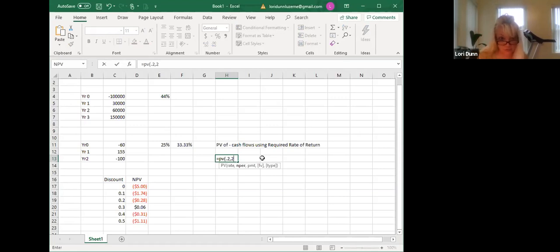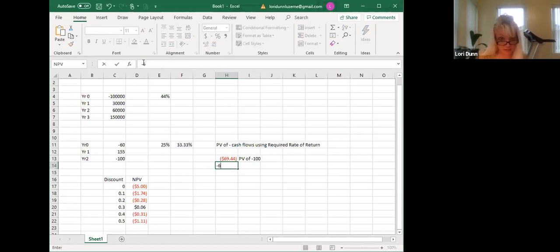There's no payment, and the cash flow is negative 100. I'm going to close that, and there you go. So the present value of that future cash flow of the negative 100 is 69.44. It's still going to remain negative because it's a negative cash flow.